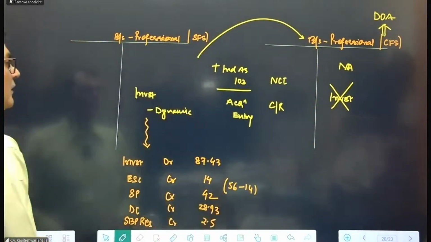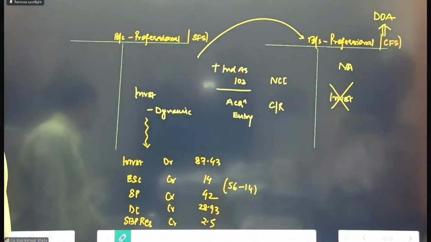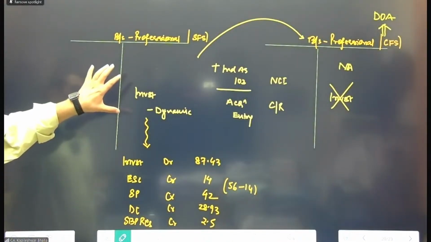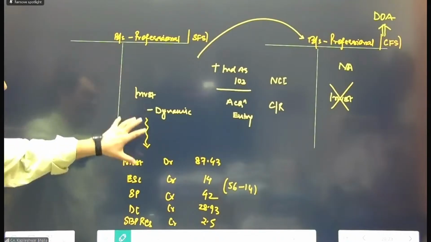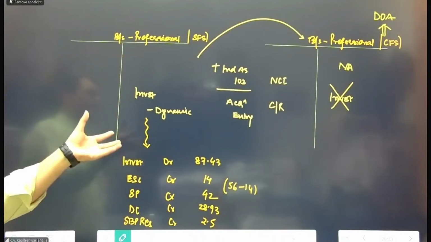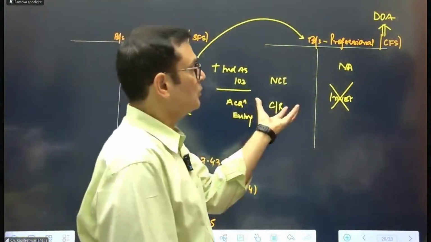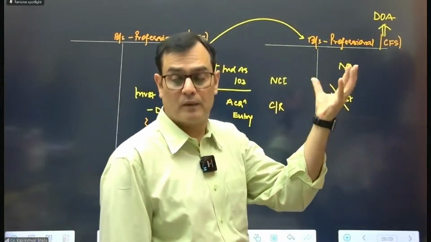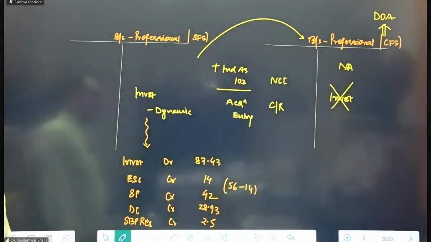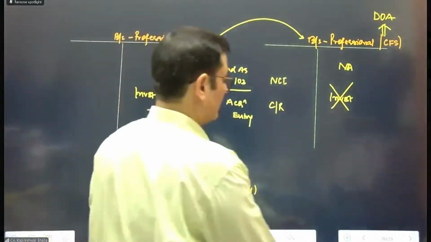28.93. So now if I want to make a consolidated balance sheet with complete clarity, I would say the balance sheet of Professional with this entry is the base. Incorporate the acquisition entry, and you automatically get the consolidation. So let's see how it works. Let's now make the consolidated balance sheet as well.